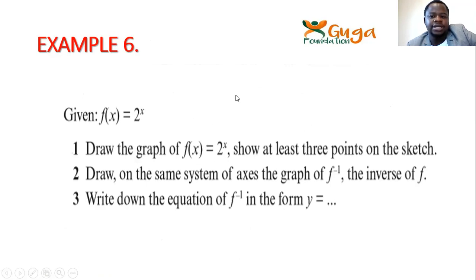Then your x will be -1, 0, and 1. Then you get the y values there. Then draw on the same system of axes the graph of the inverse of f. Write down the equation in the form f inverse of y equals. This should be simple.